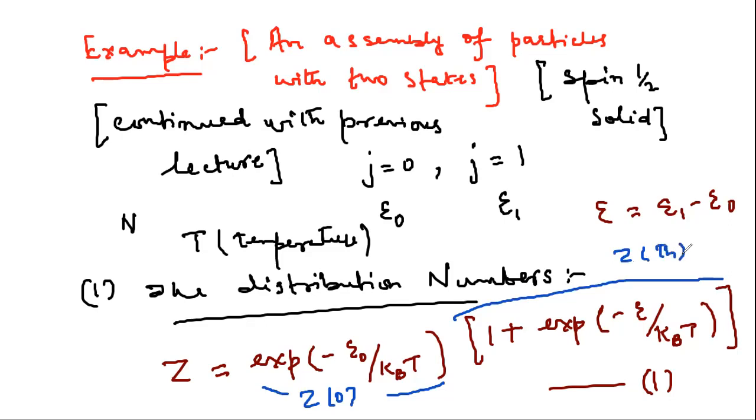We called it the thermal term. As you know, this zero point term depends only on the ground state energy epsilon naught, and the thermal term depends only on the relative energy epsilon between the two levels, right?